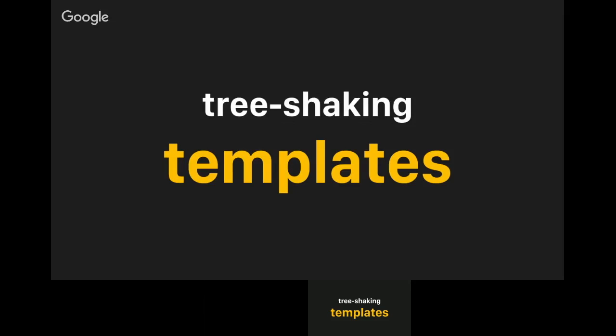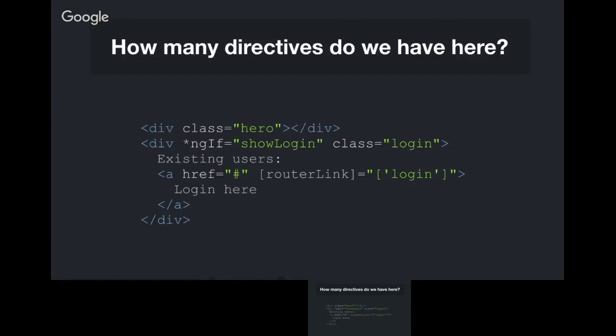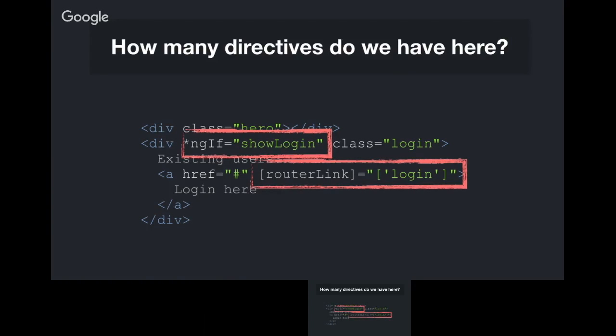In order to get a better understanding of what is going on, how many directives do you see right here? Oh, 5. That's what? 6. I see only 2. Well, there is obviously ngIf, and we have routerLink as well. But that's just guessing.